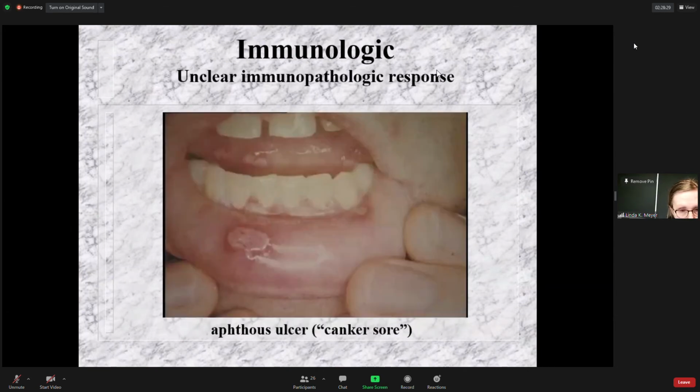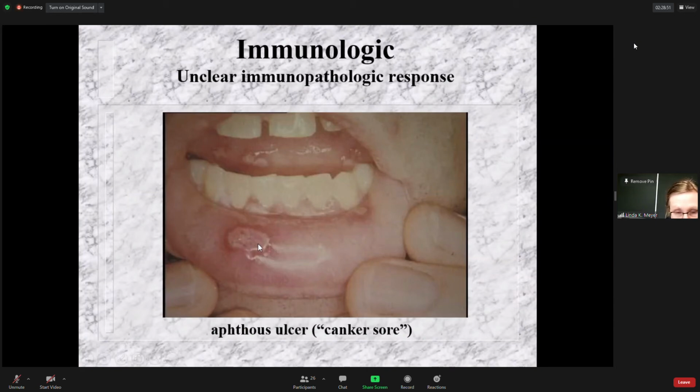And then what falls under something that is pretty common in the general population is aphthous ulcers or canker sores. This is said to have an unclear immunopathologic mechanism.